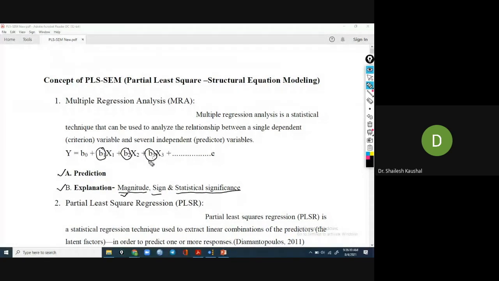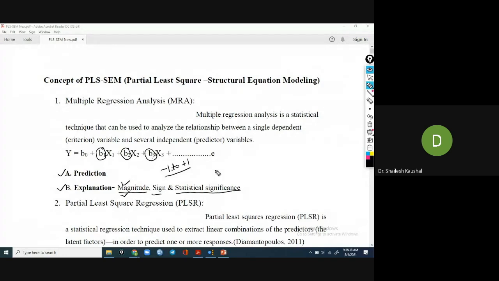So in multiple regression analysis, we want to find out whether the magnitude value is low or high. Specifically, the standardized value of the regression coefficient varies from -1 to +1.